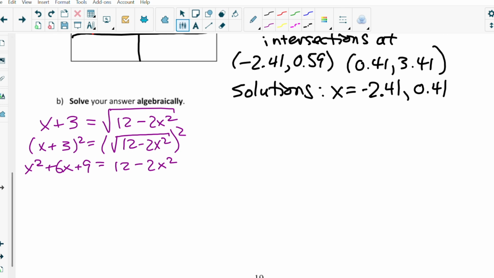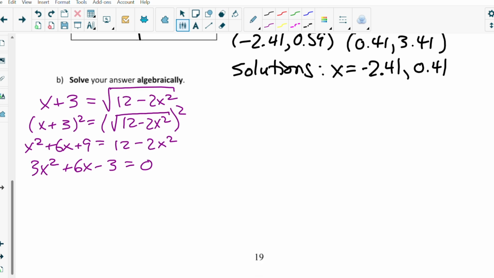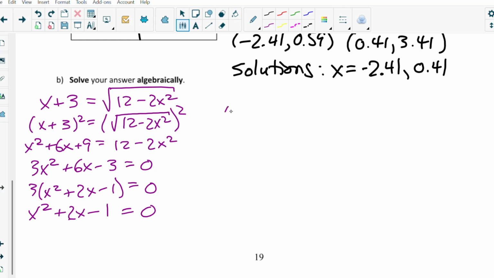Let's make everything equal to 0. Collect like terms. I have 3x squared plus 6x minus 3 equals 0. Factor out a 3. I have x squared plus 2x minus 1 equals 0. I'm going to need the quadratic formula for this.